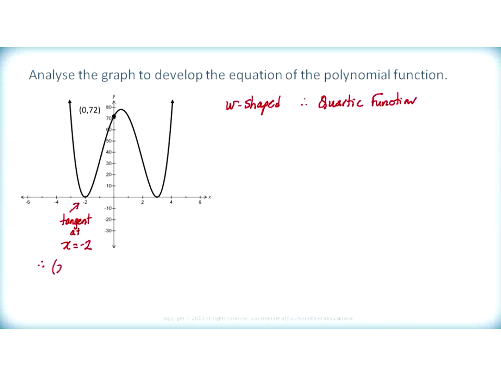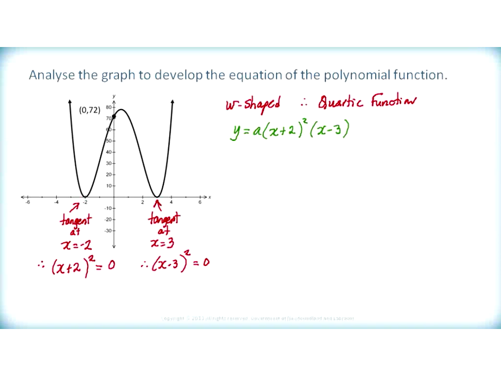That tells us that x plus 2 will have a multiplicity of 2 as one of our factors of the polynomial function. Similarly, the graph is also tangent at x equals 3. Therefore, x minus 3 will have a multiplicity of 2 as well. Knowing these factors, we can now write the equation in factored form as y equals a times x plus 2 all squared multiplied by x minus 3 all squared.